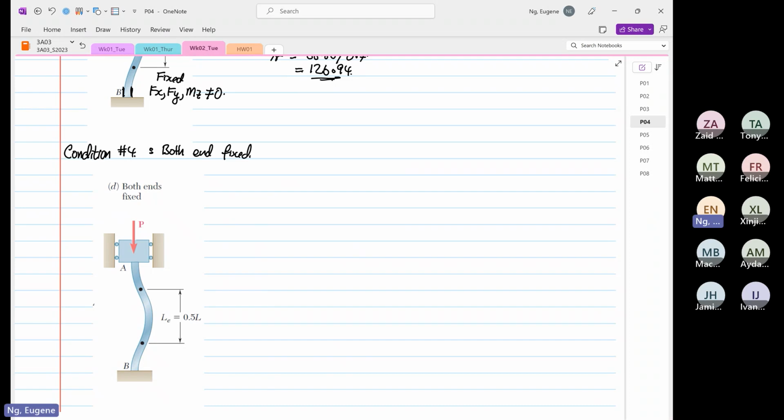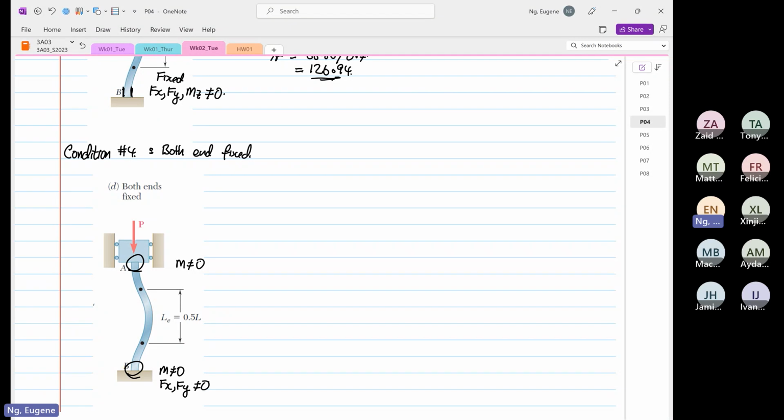Now this is a very interesting problem. When they say fixed, more or less they are referring to the moment. So we know down here when it's fixed, moment is not equal to 0. Same thing here, moment is not equal to 0. Over here, we can say fx and fy are not equal to 0.